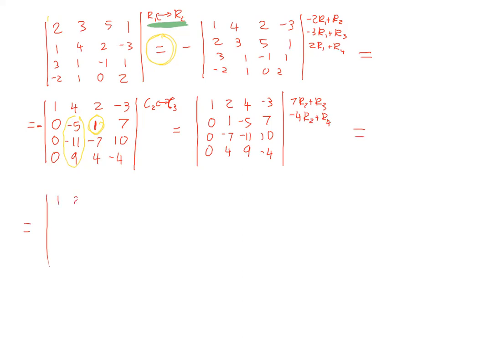So I have 1, 2, 4, -3, 0, 1, -5, 7, and now 0, 0. -5 times 7 is -35, ouch, minus 11, that's -46, ouch again. And then 7 times 7 is 49, plus 10, that's 59, big ouch again.